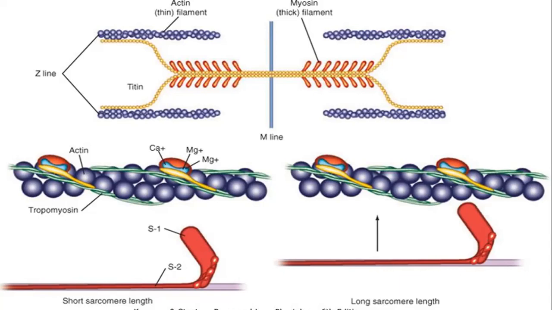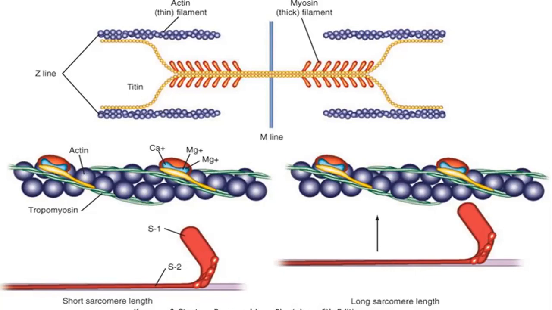This now travels along the sarcolemmal membrane down the T-tubule, and there are voltage-gated calcium channels present in the T-tubules. These channels open and there is influx of calcium inside the cell in the cardiac muscle.